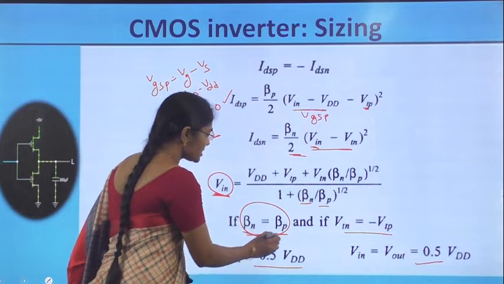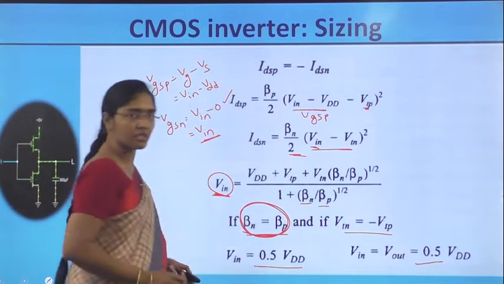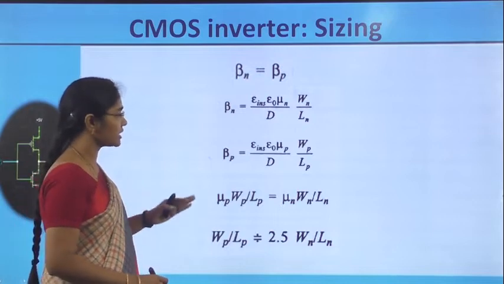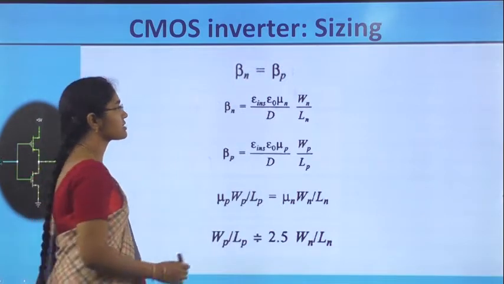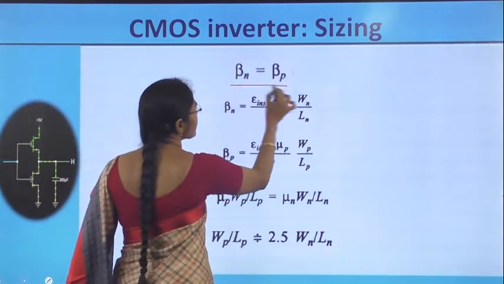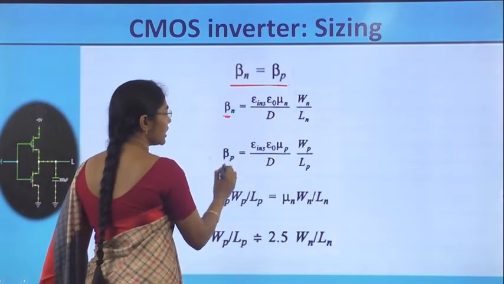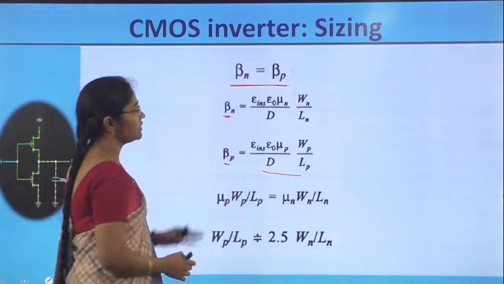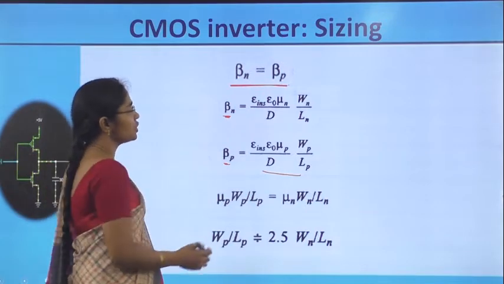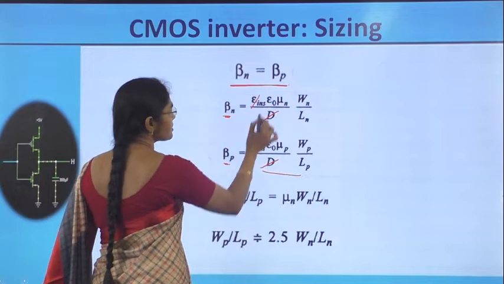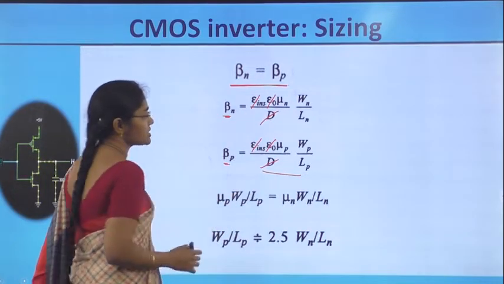So let us take this beta n is equal to beta p value and simplify it to get the sizes of the PMOS and NMOS. Beta n is equal to its formula and beta p is equal to its formula. Now by equating these two, D is the same so it can be cancelled, and epsilon insulator, epsilon naught can be cancelled.